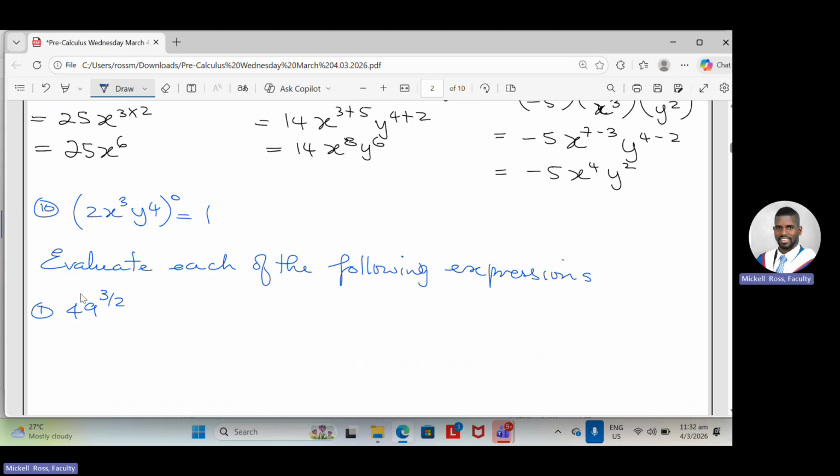Right? But if they ask you to do it and you don't have a calculator, there must be a way that it can be done. And the reality is there is. What we'll have to ask ourselves is, what number, when raised to the denominator of the fraction, gives the base?